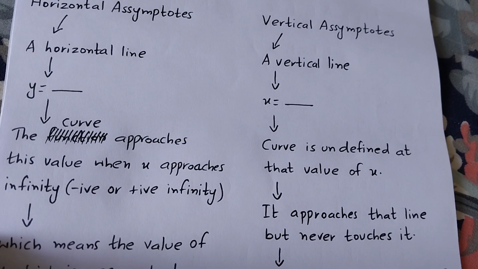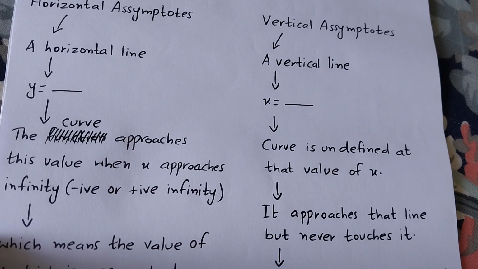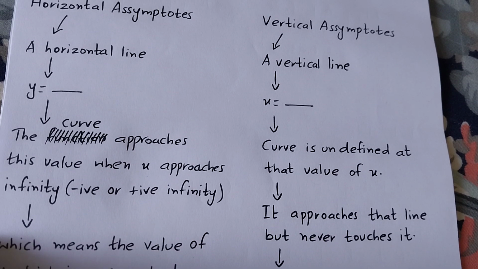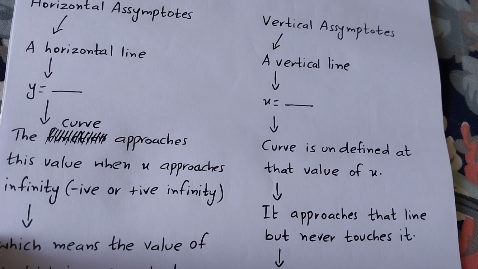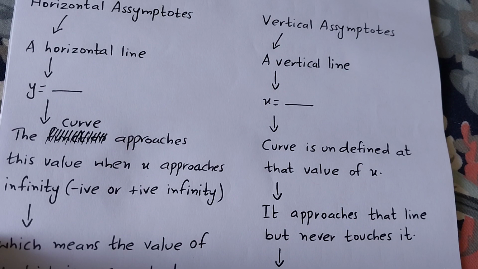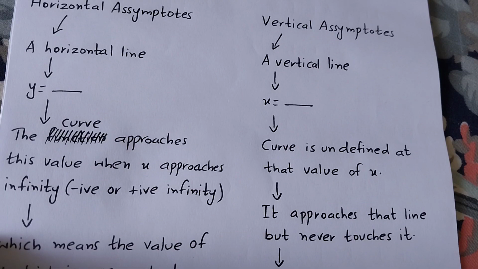The curve approaches that line but never touches it. It will go as close to that vertical line as possible, but it won't touch that vertical line. And as the curve does not have a value for that particular value of x, it would be undefined for that value of x.